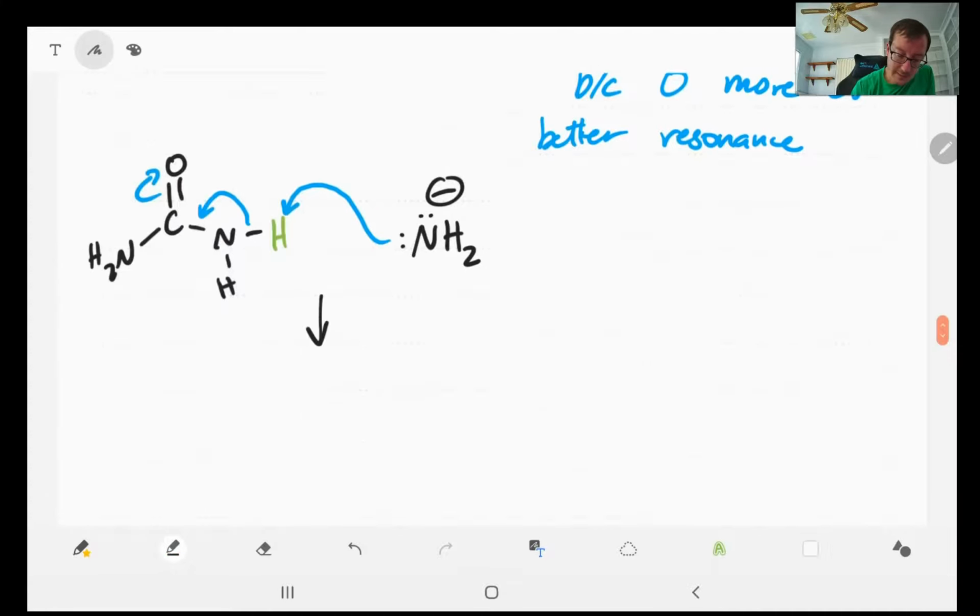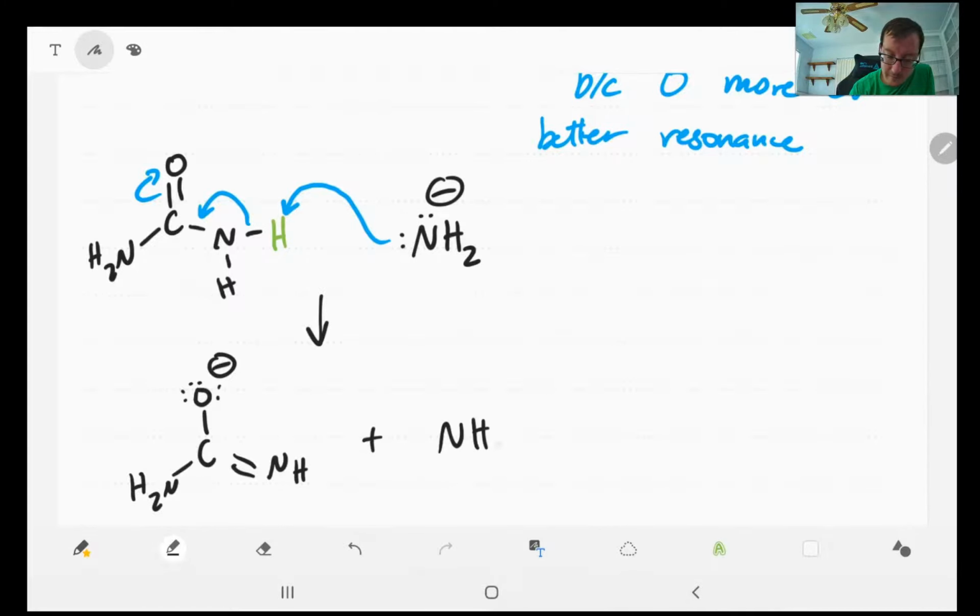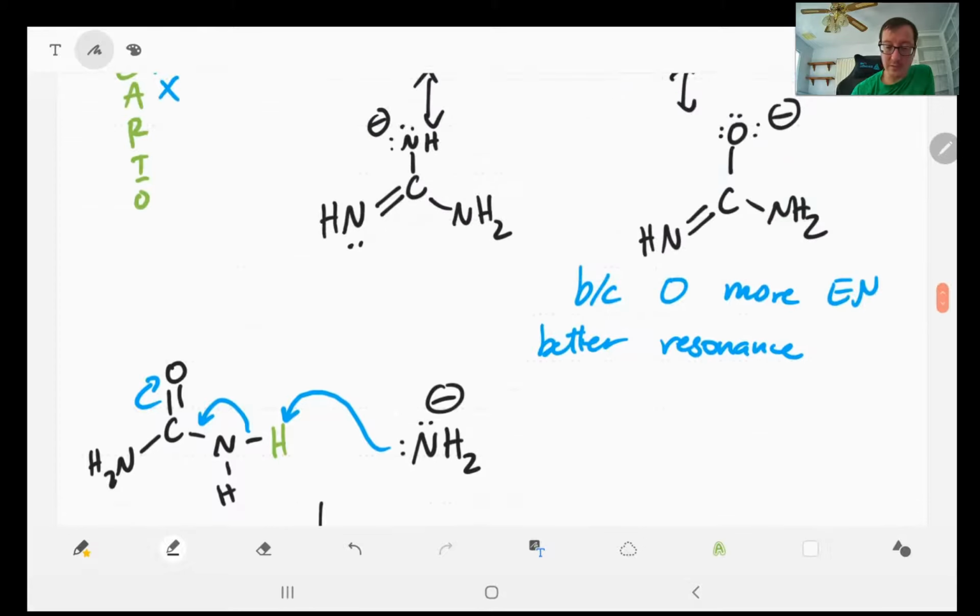I'll draw it with the oxygen with the negative charge. If you left it as the nitrogen, again, not a problem. And then we have ammonia at the end. Okay? So this one came down to looking at their resonance forms and seeing which one was better.